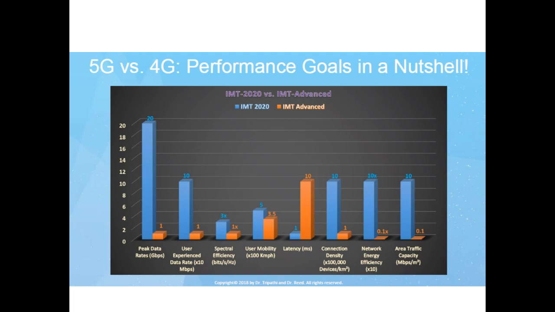For example, in terms of peak data rates, maybe we are currently somewhere around 1 gigabit per second, but we want to improve it by an order of magnitude or even more. User experience data rate, spectral efficiency in terms of supporting user mobility, in terms of reducing the delays that are experienced over communication networks, in terms of energy efficiency, in terms of connection density.